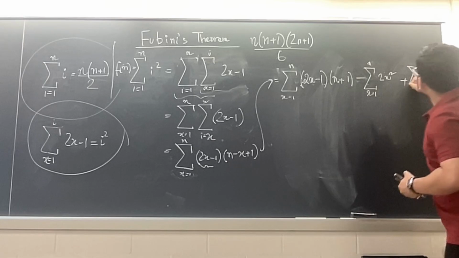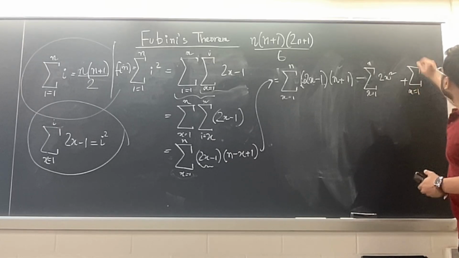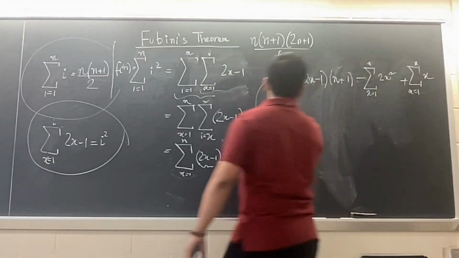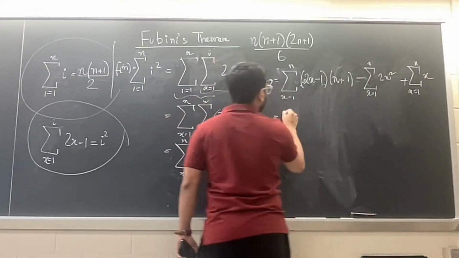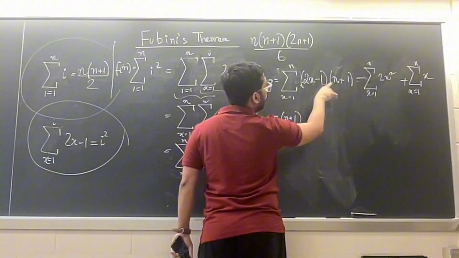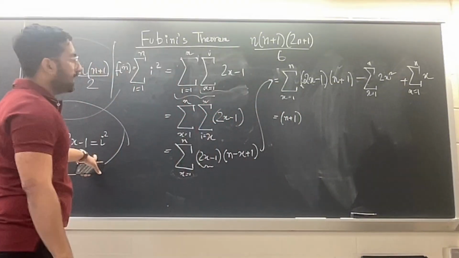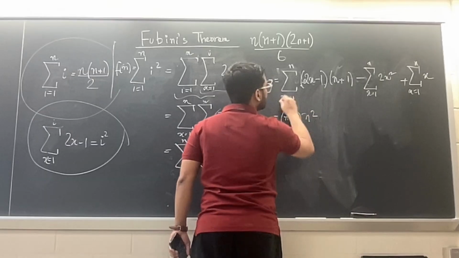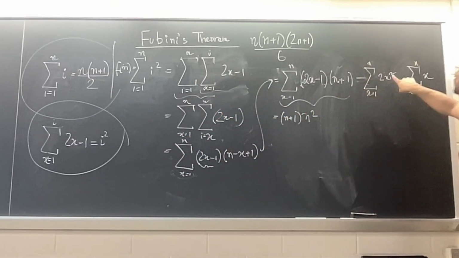So plus summation x from 1 to n of x. Observe this very carefully now: the n plus 1 is constant and its summation over the I, which is I square, here it's going to n, so it's n square. So this one is n square minus 2 of x square.